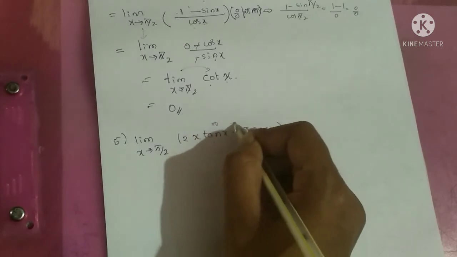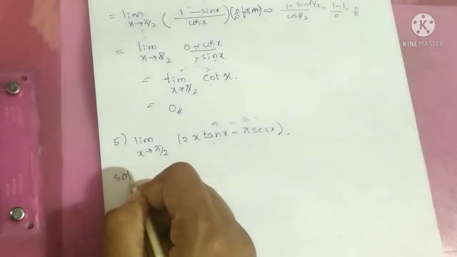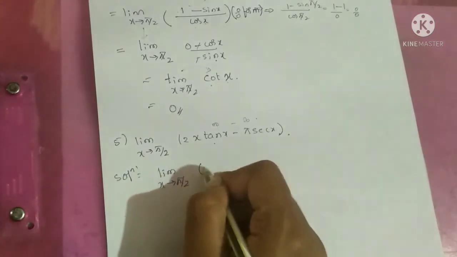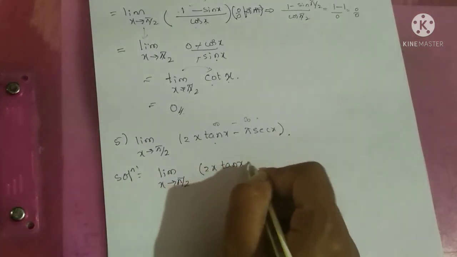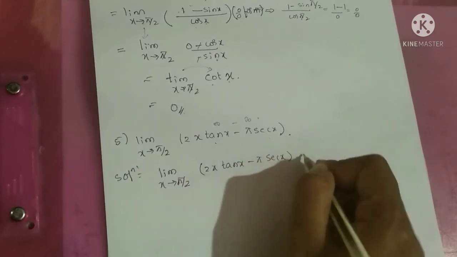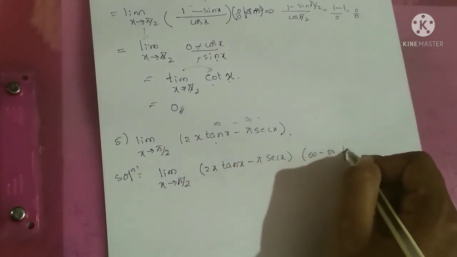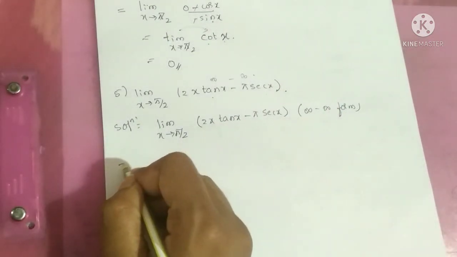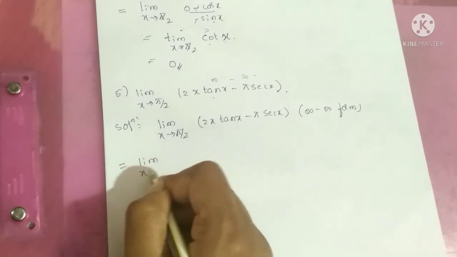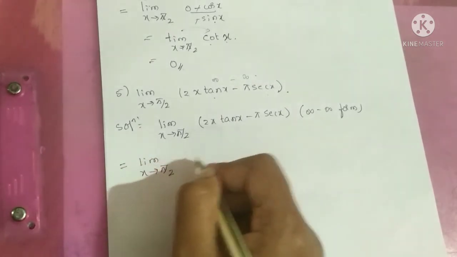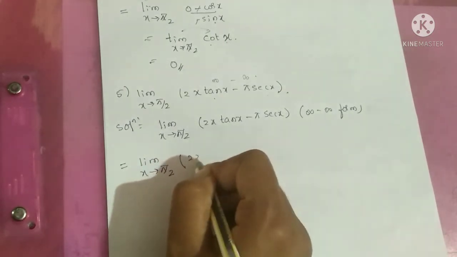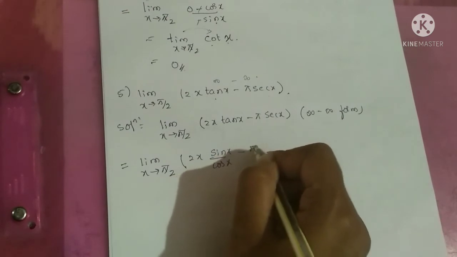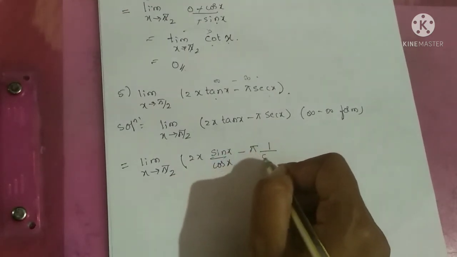So let's write the given problem: limit x tends to pi by 2, 2x tan x minus pi secant x is in the form of infinity minus infinity. So you have to bring it into the 0 by 0 form or infinity by infinity. So first you have to bring it to the fraction form. 2x as it is, tan x can be written as sin x by cos x, minus pi secant x can be written as pi by cos x.